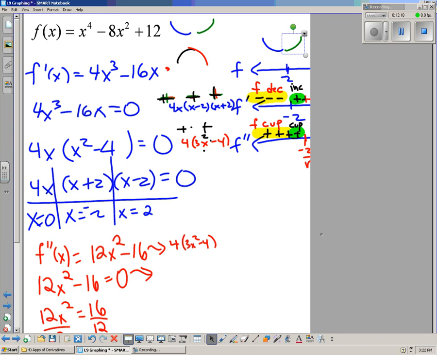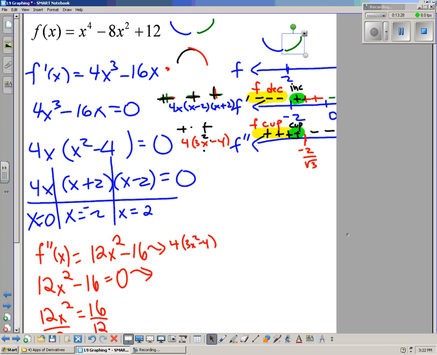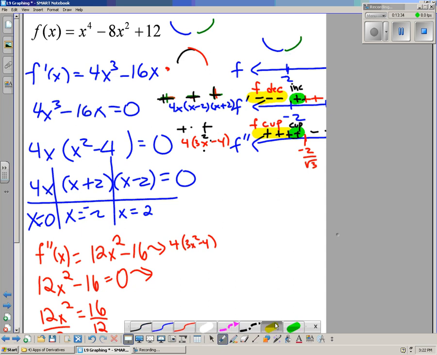Now, as we pass negative 2 over root 3, we get a sign change, not of f prime, but of f double prime, until we get to 0, where f prime is actually going to change sign. So now we're on an interval where f prime is positive and f double prime is negative.